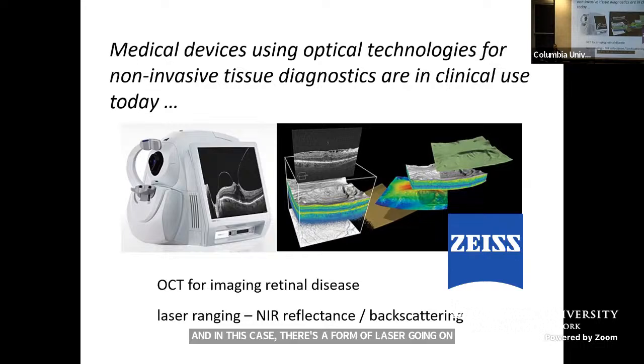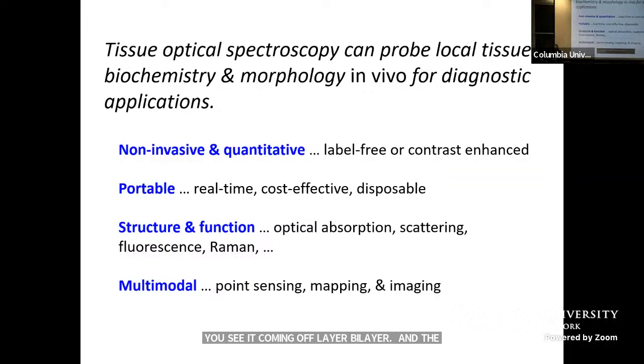It penetrates through to the back, and light is backscattered when it encounters a difference of index of refraction in the tissue. This laser beam is raster scanned across the back of the eye, and a three-dimensional image of the retina is developed. You see it here sort of coming off layer by layer. Here the fundamental light tissue interaction mechanism is scattering or reflectance. So here are some examples of medical devices that are in clinical use today.